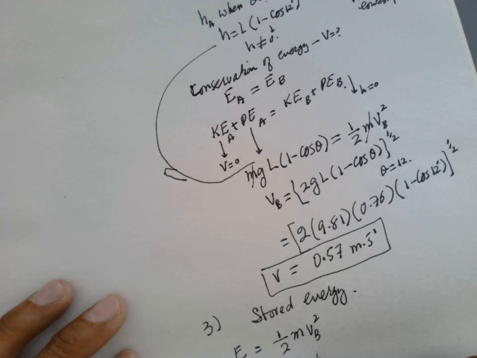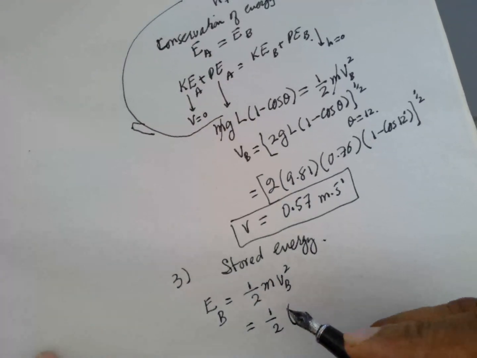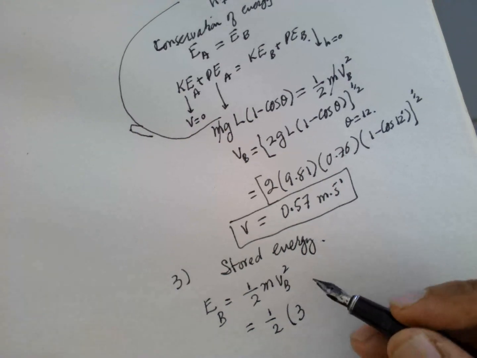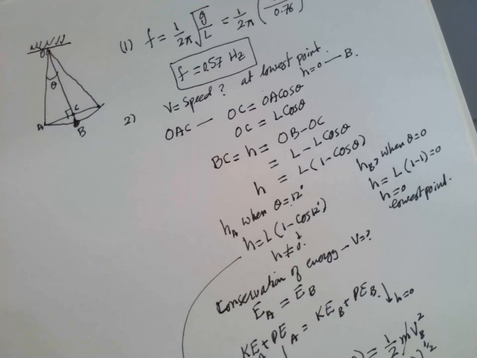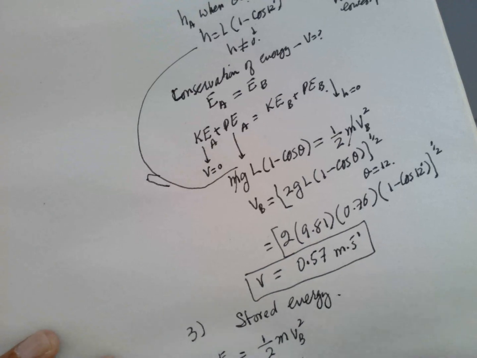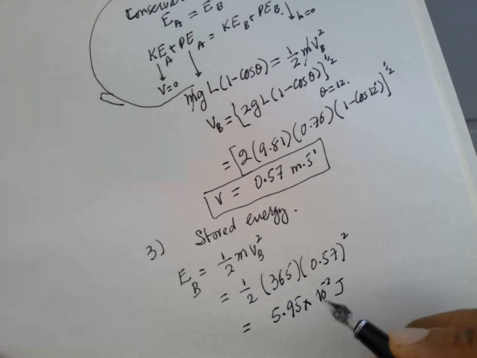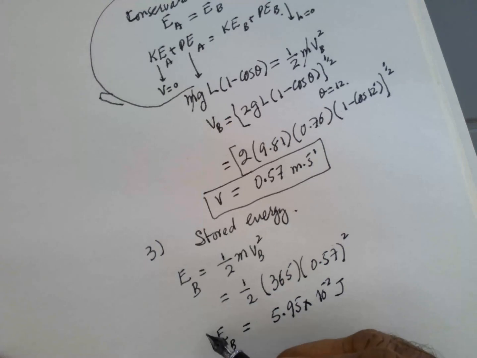This is equal to half into 365 grams into the speed, which is 0.57 meters, square. This will give you the answer 5.95 into 10 raised to the power minus 2 joule. This is the energy at E B.